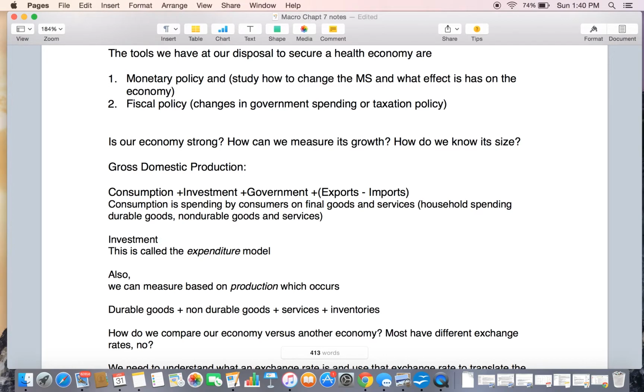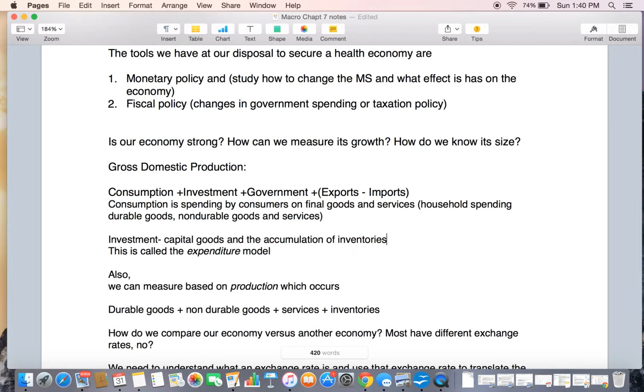And what they're going to generally be investing in are capital goods. Investment also occurs in the accumulation of inventories.